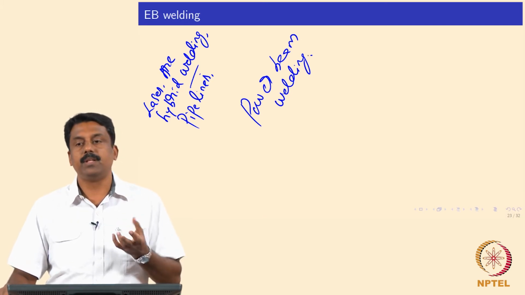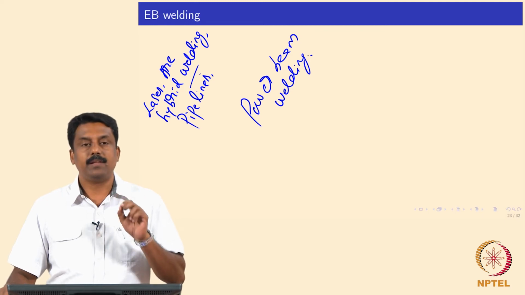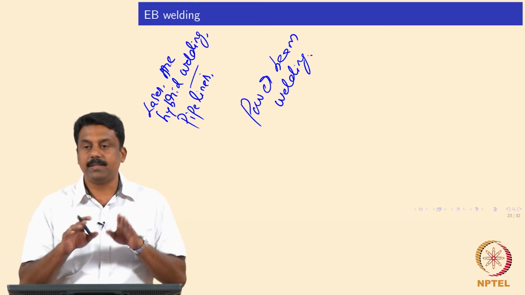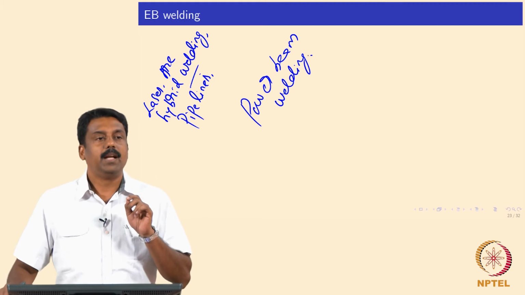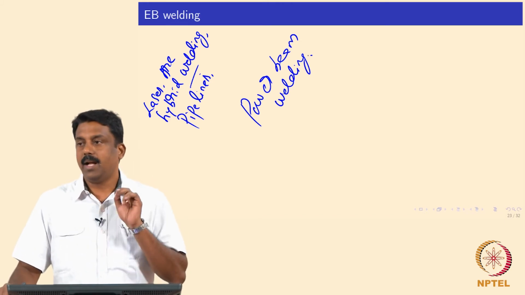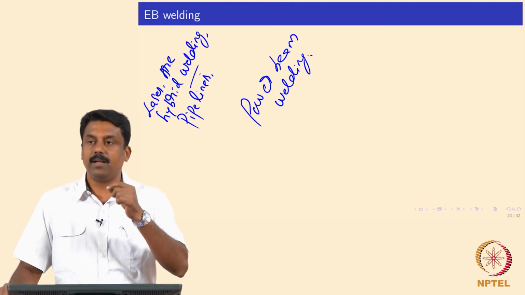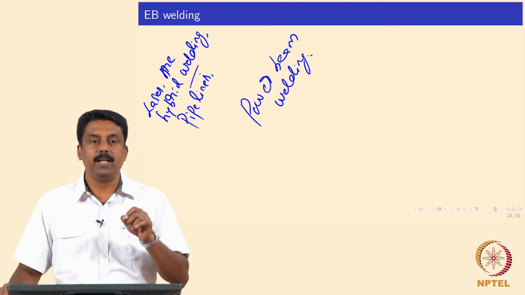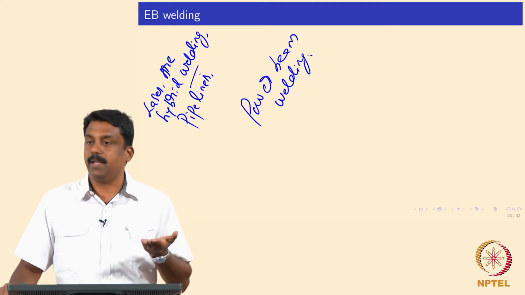Why are they used? Because we can achieve a good fit up. That means the weld can be made in very narrow regions, and because of the very narrow heat source we apply, the temperature gradient is also extremely steep.